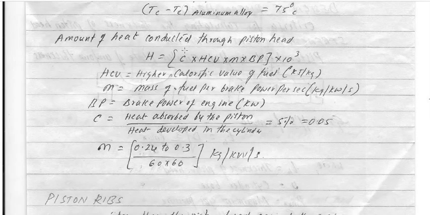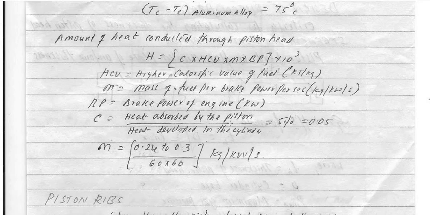The amount of heat conducted through the piston head, that is H, we can calculate using this formula: H is equal to C into HCV into M into Bp into 10 raised to 3, where HCV is the higher calorific value of the fuel in kilojoule per kg, M is the mass of fuel per brake power per second, that is kg per kilowatt per second, and Bp is the brake power of the engine in kilowatt.